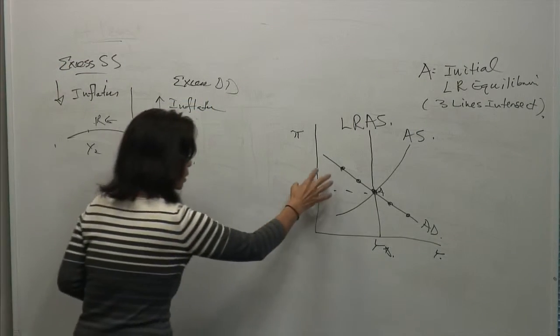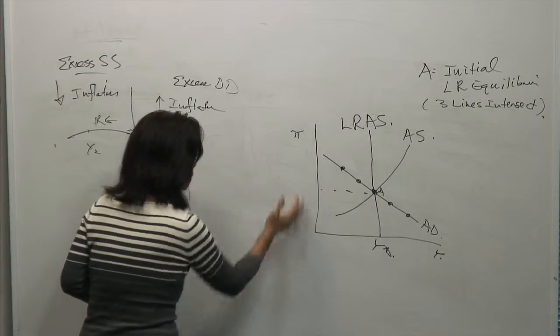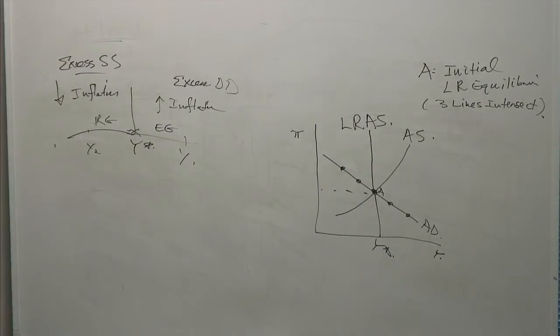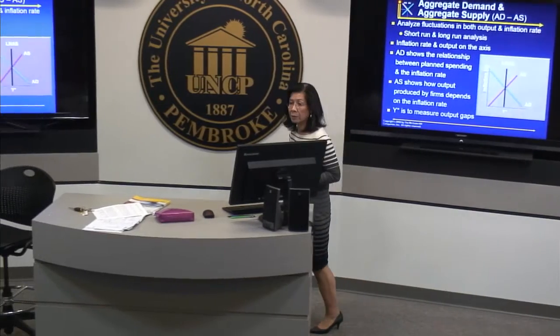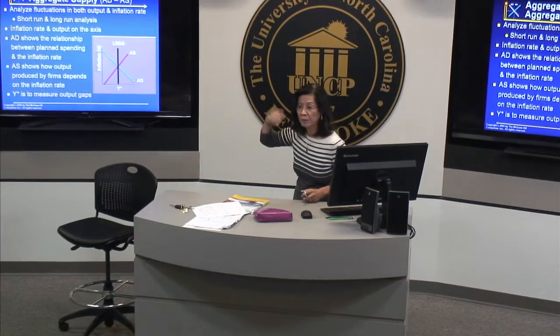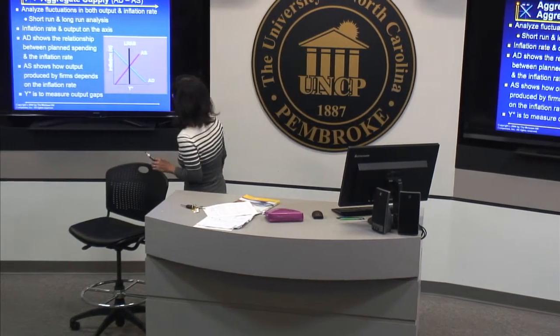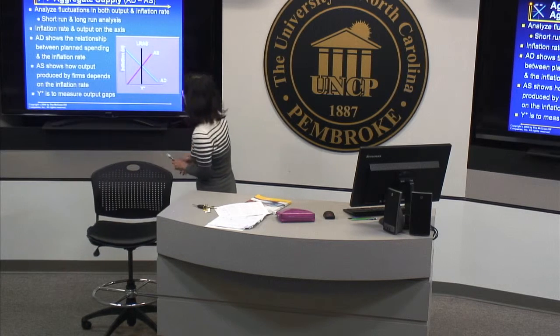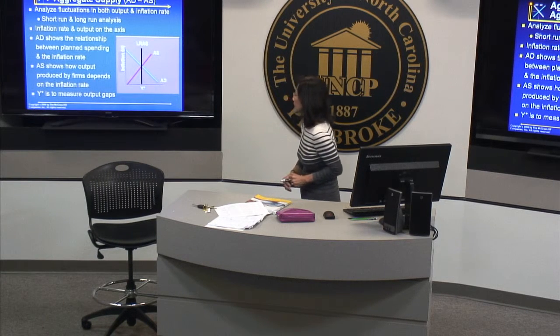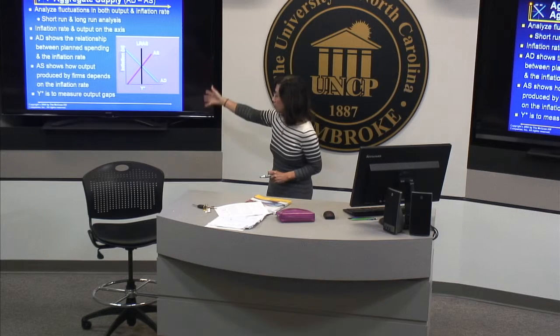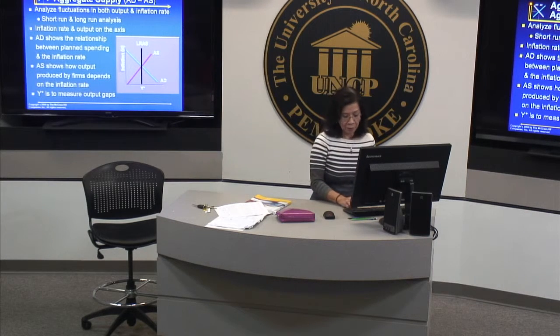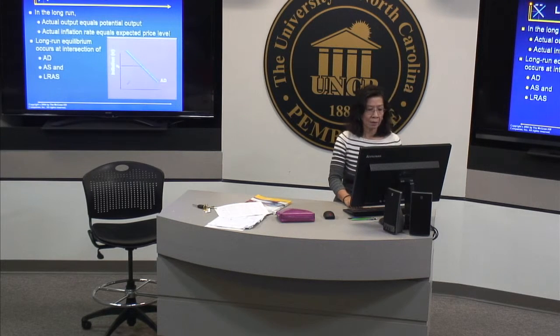So it does show the relationship between PAE and your inflation rate. In other words, now we have inflation, unlike the two previous chapters, which we call the Keynesian model. Now, the aggregate supply curve shows how output produced by firms depends on the inflation rate. Then we know our old friend, potential GDP or Y star.